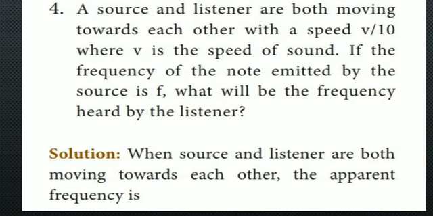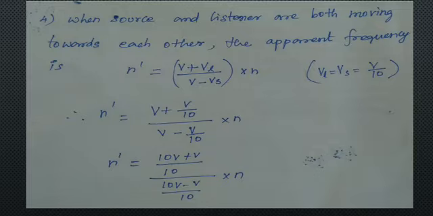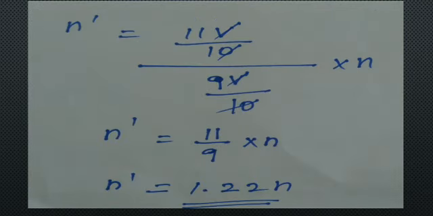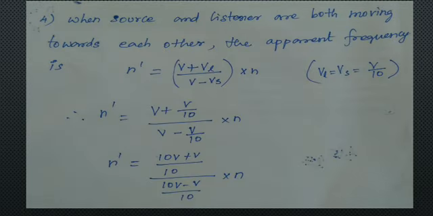From this one there is a solution. When source and listener are both moving towards each other, what is the apparent frequency? The apparent frequency formula is in the table.